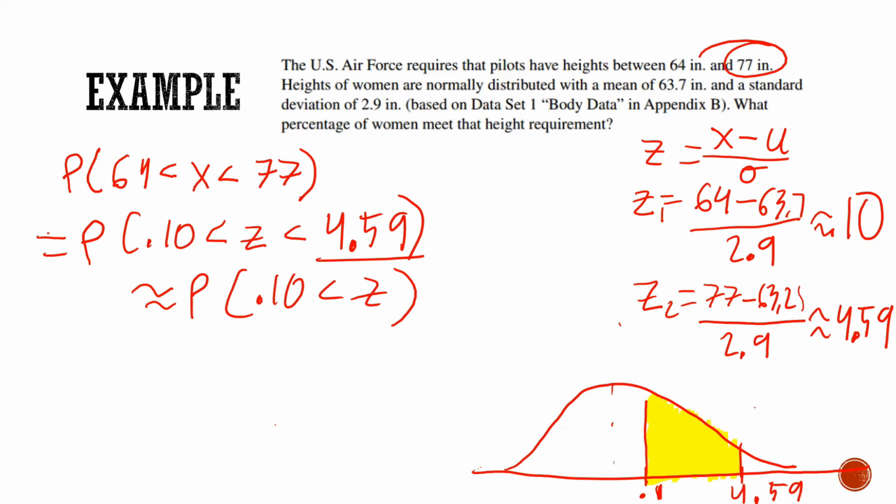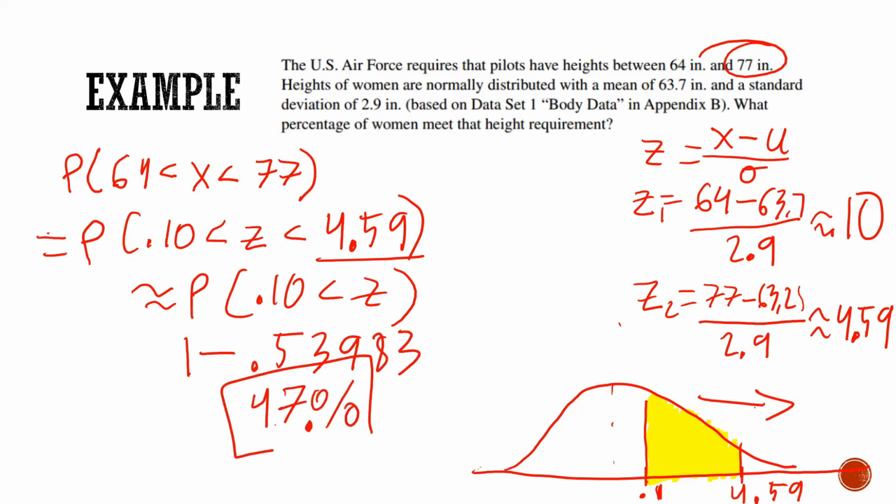So then we just need to find the area to the right of 0.1. That would be 1 minus the corresponding value for 0.1, which is roughly 47% of women who are not too short, nor too tall, to fly.